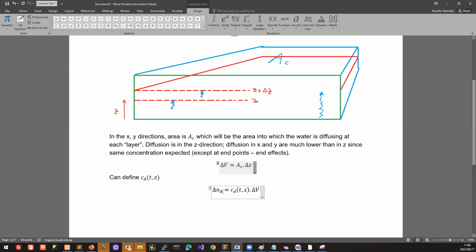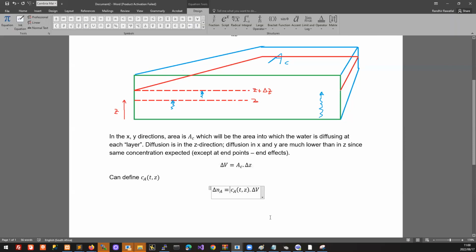So that is an estimate of the number of moles in our control volume. The number of moles in this control volume can be approximated as the concentration at this position multiplied with the volume of that whole space, which we've just established is that.